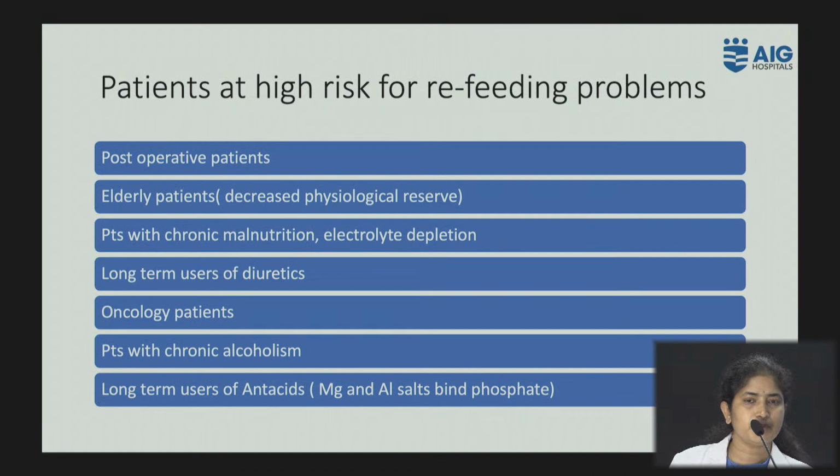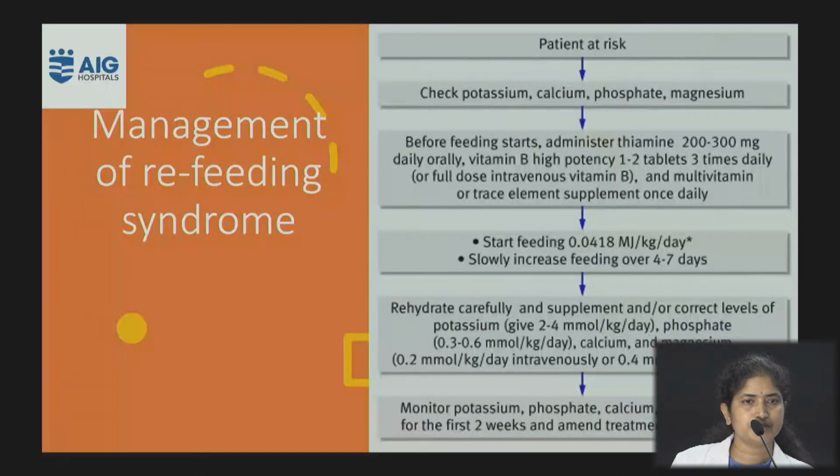And when you are doing the PAC, you need to watch all post-operative patients and elderly patients, oncology patients, patients with chronic malnutrition and electrolyte depletion, chronic alcoholism, and patients on long-term diuretics and antacids, who also have to be closely observed.